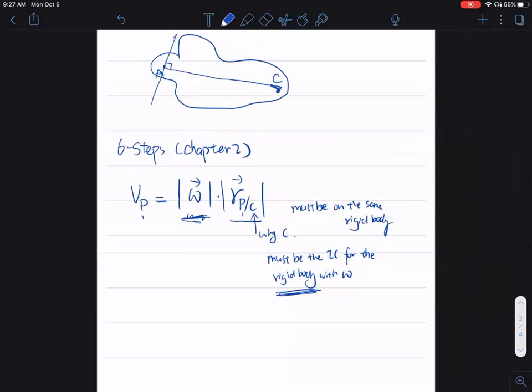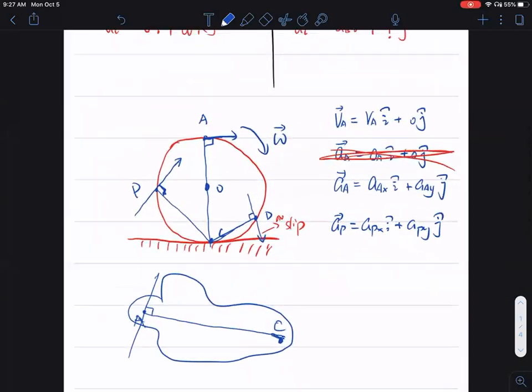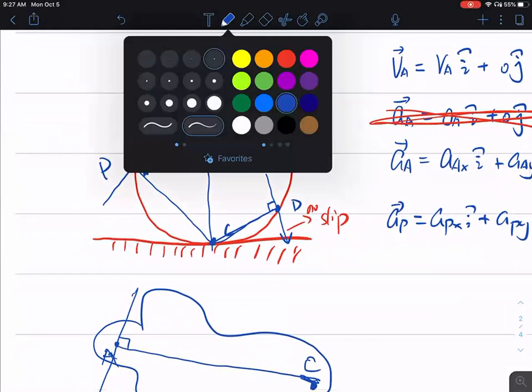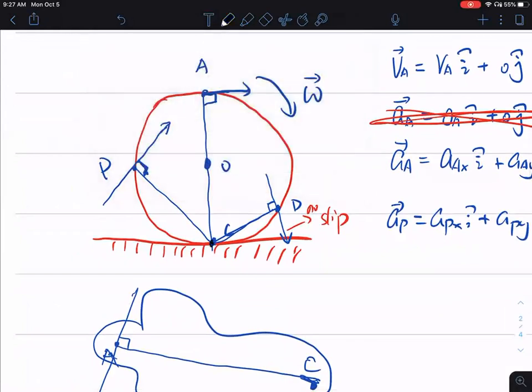How do you find the distance from point C to point P? Point C is right here, point P is there. That black line is the distance between them. How do you find that distance? Trigonometry, right? You have the square root of R squared plus R squared.